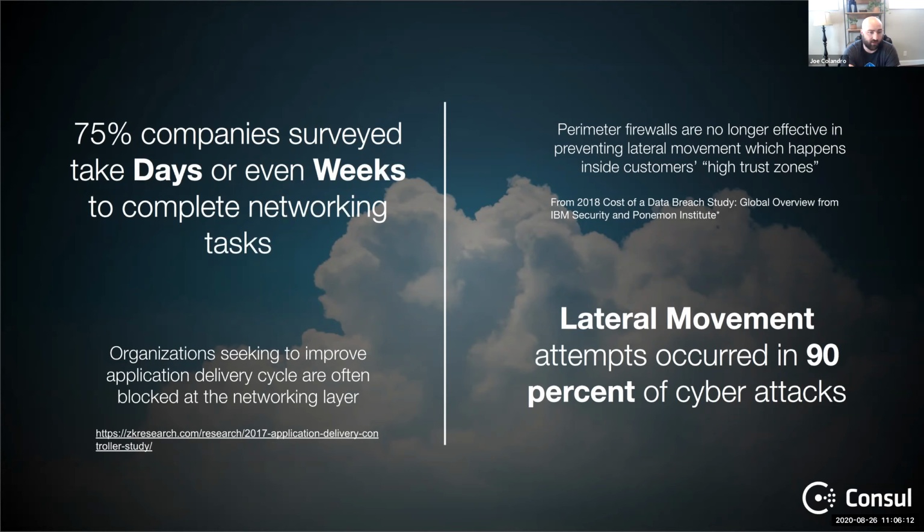It takes a long time to provision high trust networking zones with ACLs, firewall rules, complicated load balancing schemes. And it takes a long time to get our applications out the door. It's really become a hindrance to the DevOps movement and being able to deploy at the speed that the business demands.